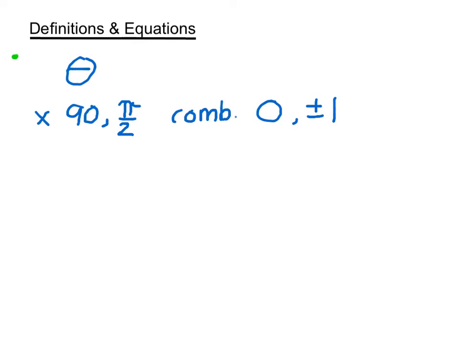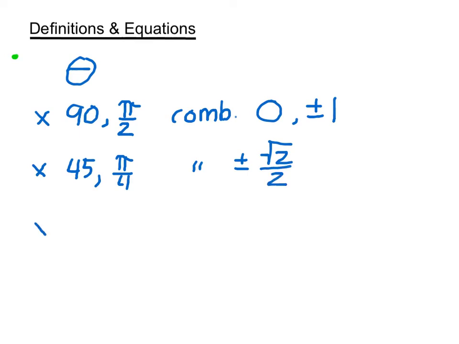And these are the 4 cardinal points of the unit circle, so to speak. If theta is a multiple of 45 and not a multiple of 90, then the coordinates are going to be a combination of plus or minus square root 2 over 2.